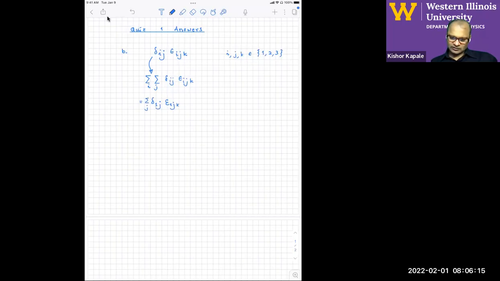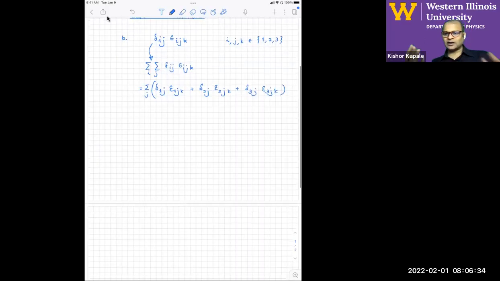Then the other terms: plus delta 2j epsilon 2jk plus delta 3j epsilon 3jk, and that takes care of it. So getting rid of one summation allowed us to do this.